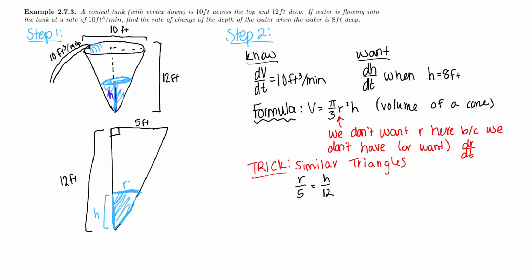If we don't want r in here, we can solve for r in terms of h and then plug it in. So if I multiply both sides by 5, I'm going to get that r is equal to 5h over 12. And that's going to get plugged back in for r.